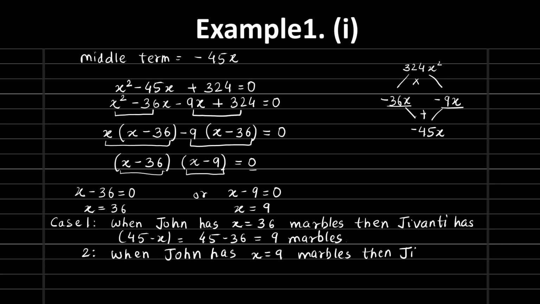Then Jivanti has 45 minus X, which means 45 minus 9 equal to 36 marbles. So these are the possible solutions.